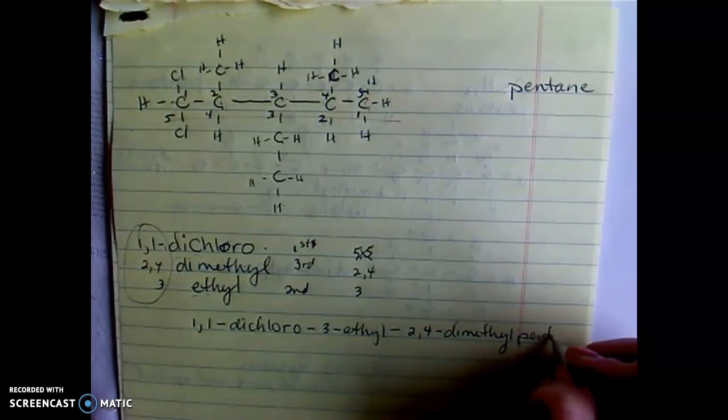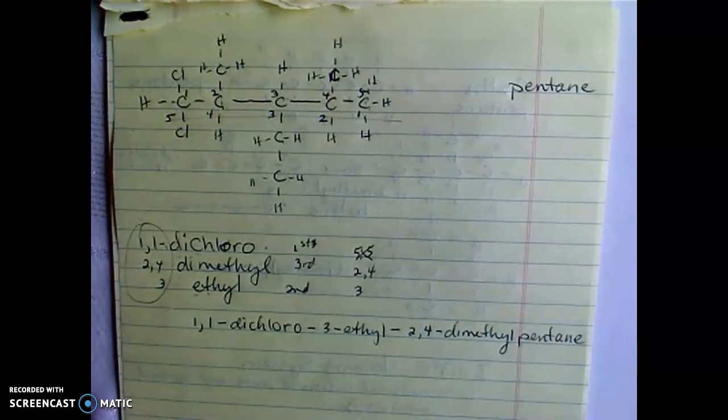Remember, the last part's all one word. That is the name of that structure: 1,1-dichloro-3-ethyl-2,4-dimethylpentane. Typically, they just read it 1, 1, dichloro, 3, ethyl, 2, 4, dimethylpentane.